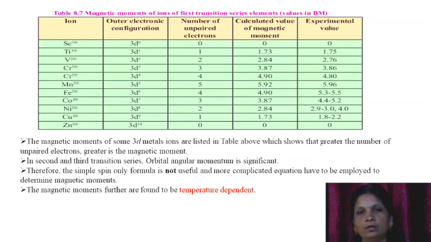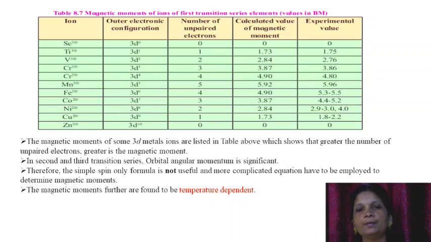Now in part 3, what we are discussing here is the magnetic moment of ions of first transition series element. The values here given in the table are in BM, Bohr magneton. For Sc+3, the calculated value of magnetic moment and experimental value is 0.